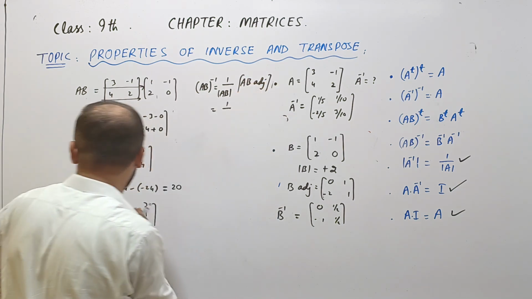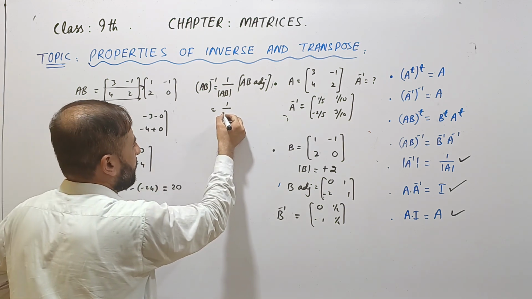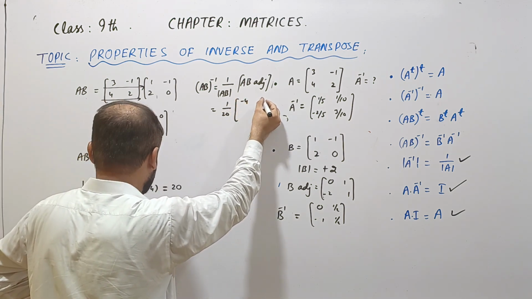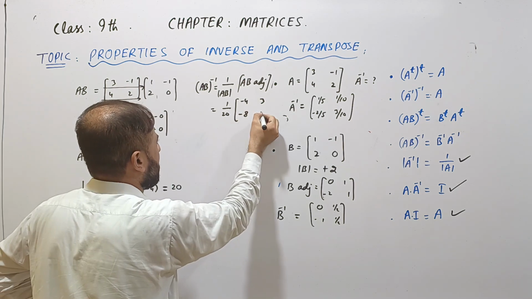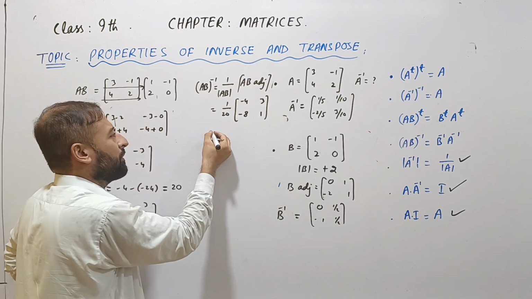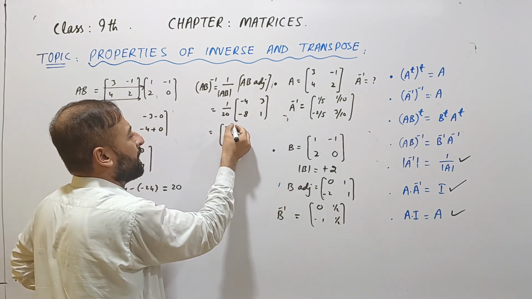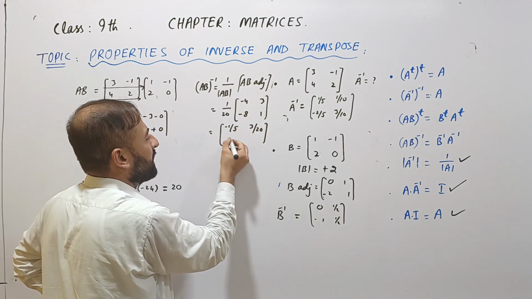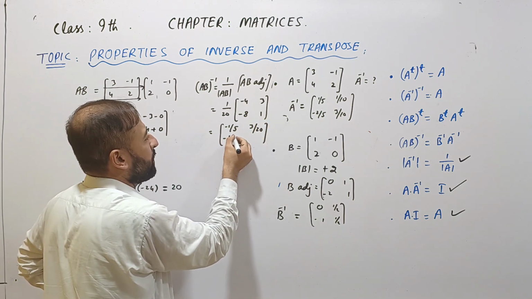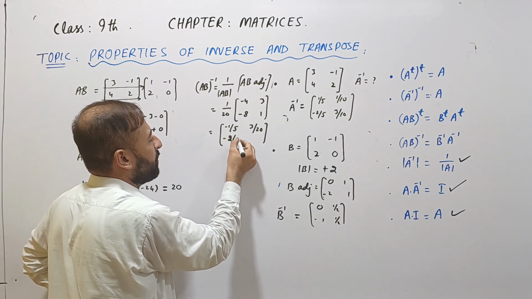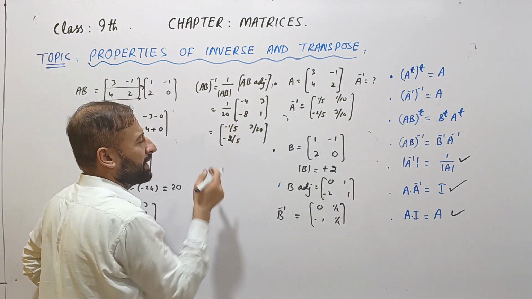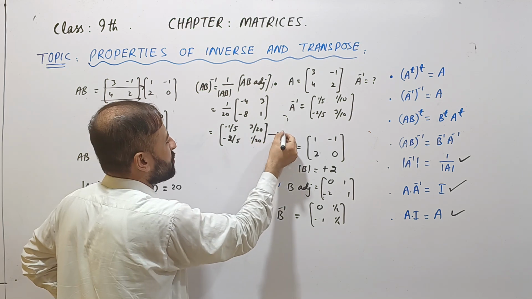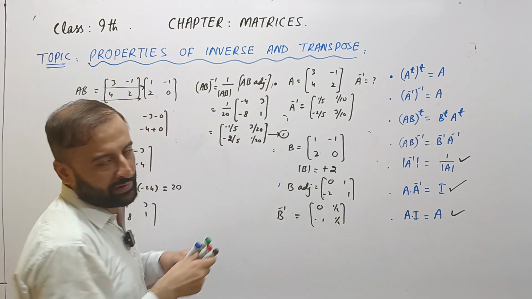AB determinant in this case is 20, and AB adjoint is -4, 3, -8, 1. You can multiply. It will give you -1/5, 3 divided by 20, -4 by 20 is -2 by 5, and 1 upon 20. This is your result, AB whole inverse.